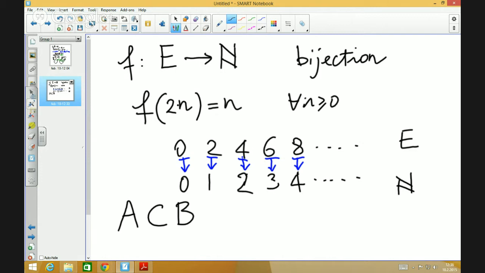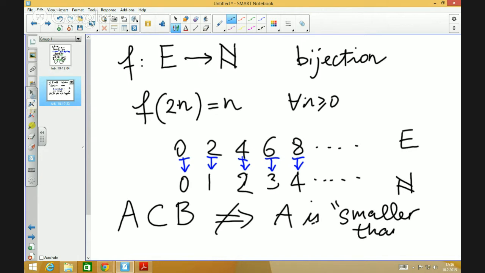But when you move to infinity, this does not imply that A is smaller than B. The two sets may have the same number of elements.